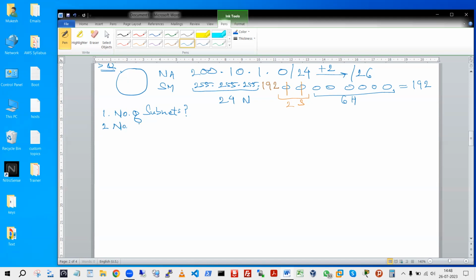Number of hosts per network or per subnet. Here we have the subnet. Subnet is nothing, it's a network only, it's a small network. So per subnet hosts कितने होंगे? And my next question would be, what is going to be the range, IP address range? In every subnet जो भी host होंगे तो उनका range क्या होगा? Clear हो ना? पहला IP, दूसरा IP, last IP address range.